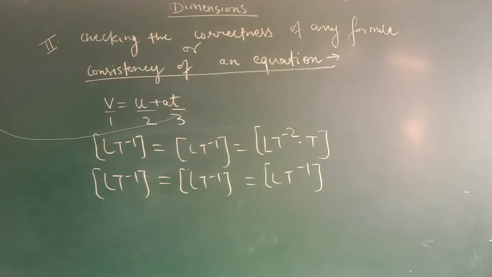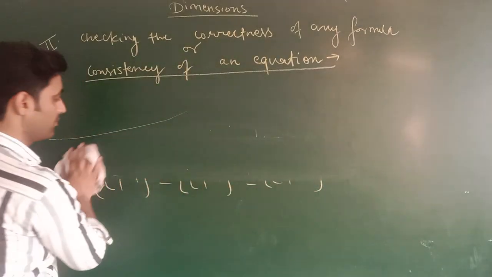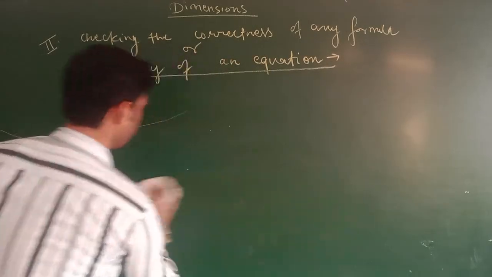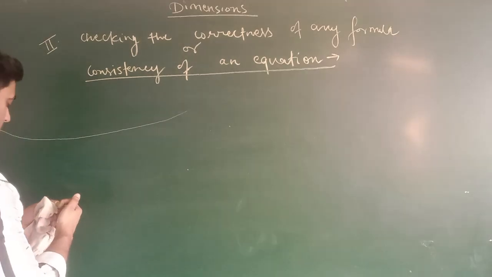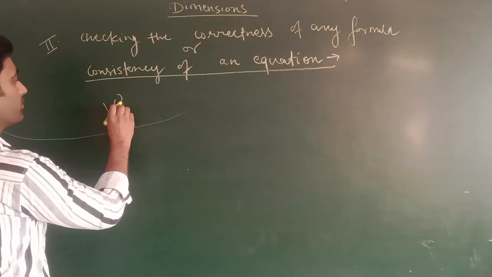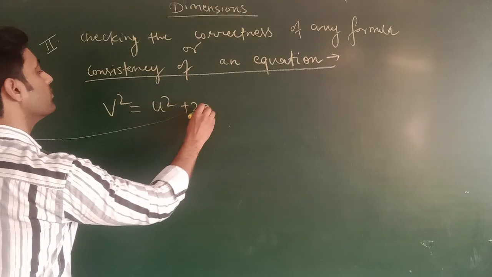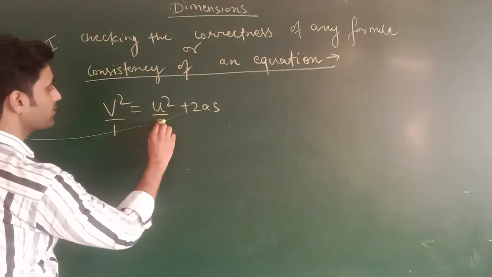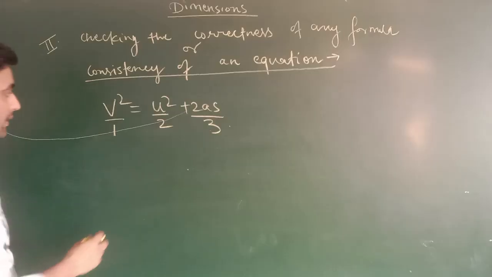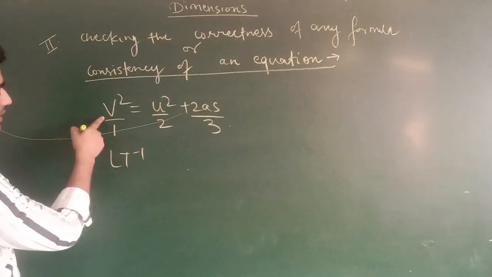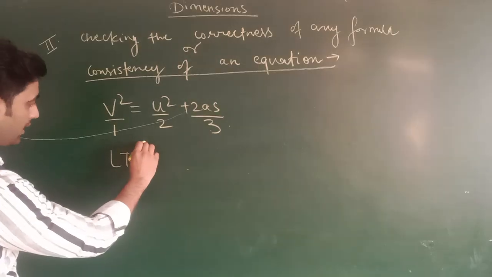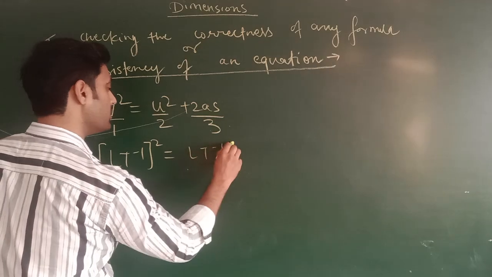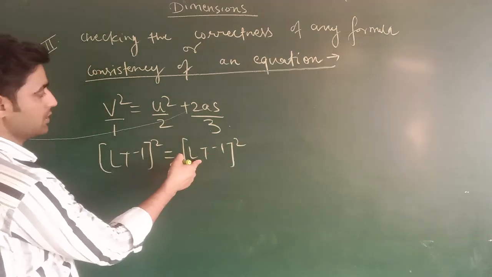Let's take one more example. In total there are three terms in the given equation. LT minus 1 is the dimensional formula of velocity, and the whole power 2. LT minus 1 whole power 2 for initial velocity.